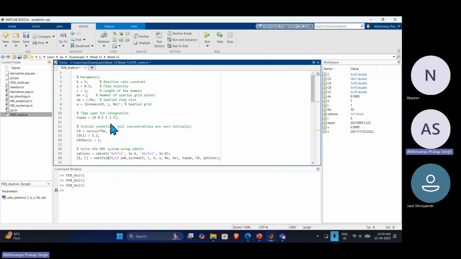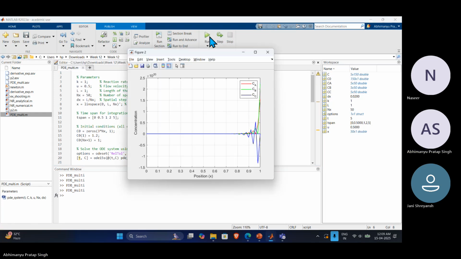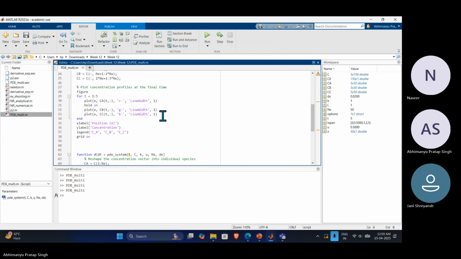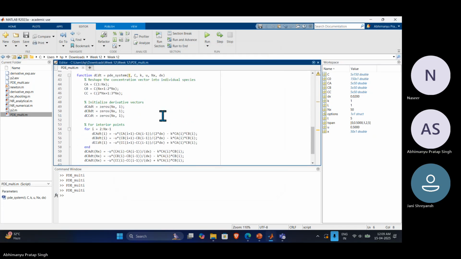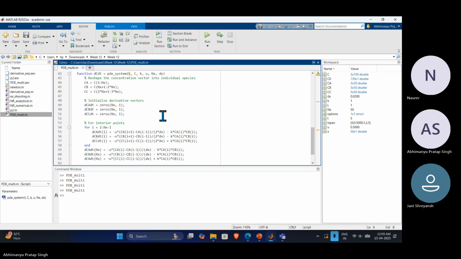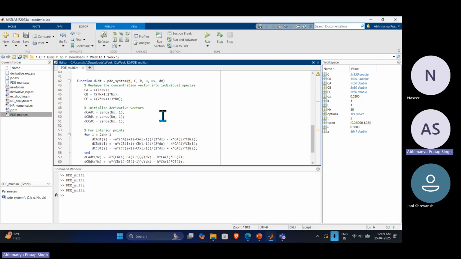Still unstable. Still unstable. Yeah. So for forward difference and for central difference, the solution becomes unstable.